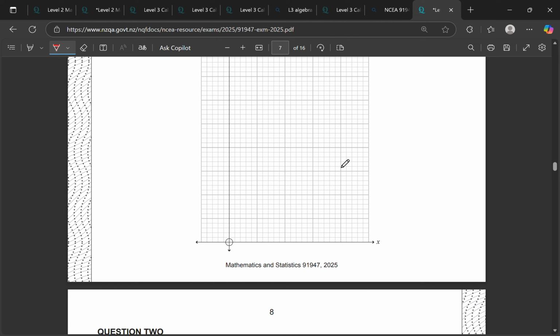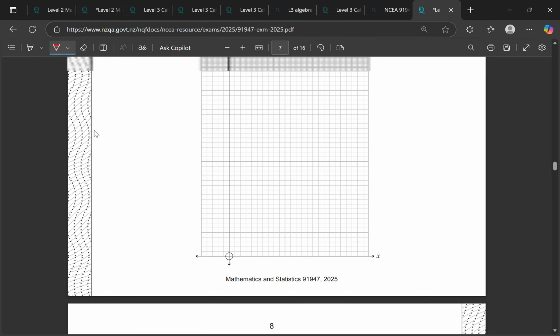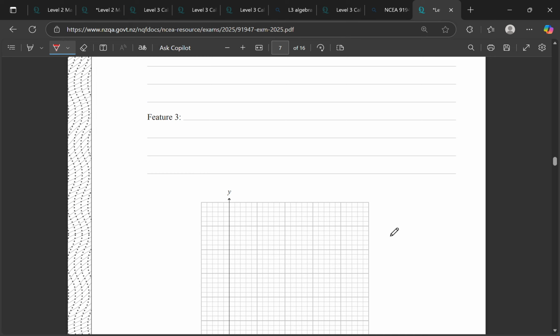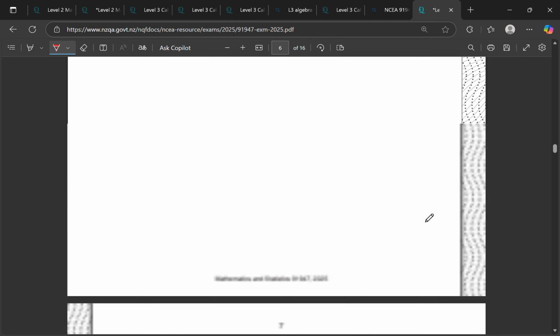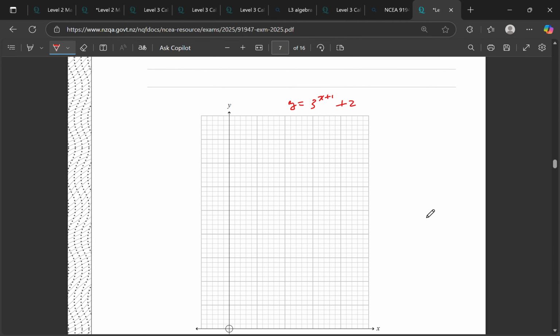So before we do, let's draw this. I'm going to rewrite the equation, which is y equals what? 3 to the power of x plus 1, plus 2, wasn't it? Yep. So because it's a plus 2, we have a horizontal asymptote here. So I would put that dot. So the equation would be y equals 2.